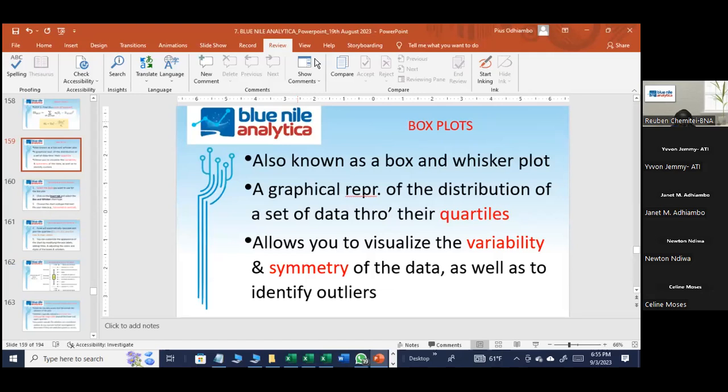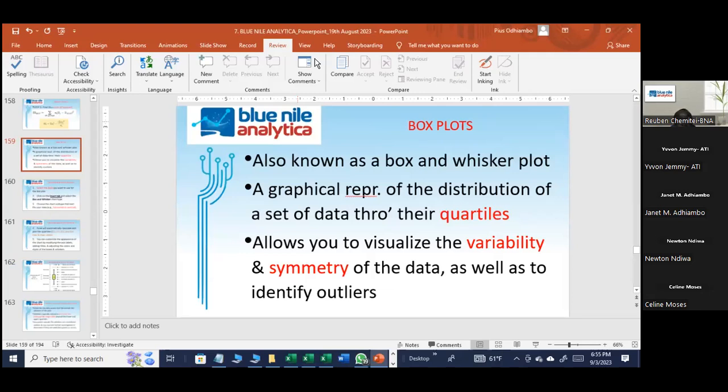And once you've done that, then you can choose the chart subtype, and then it can be horizontal or vertical. We are going to look at that. And once you've done that, Excel will automatically calculate quartile 1, quartile 2, quartile 3, and the minimum and maximum values. Of course, all these are represented in the box plot. Okay. And you can customize the appearance of that by adjusting the titles, you adjust the colors and so forth and so on.